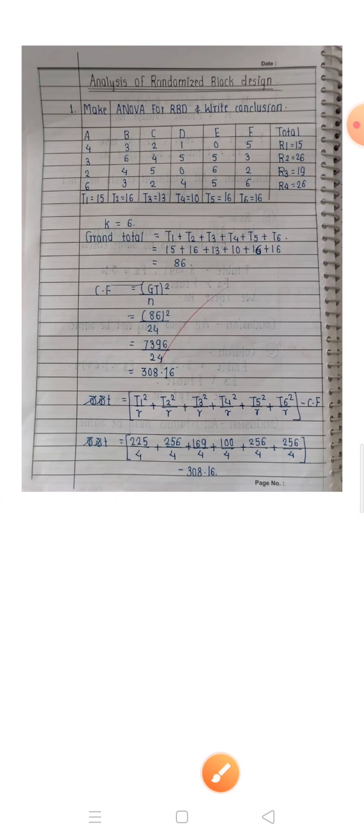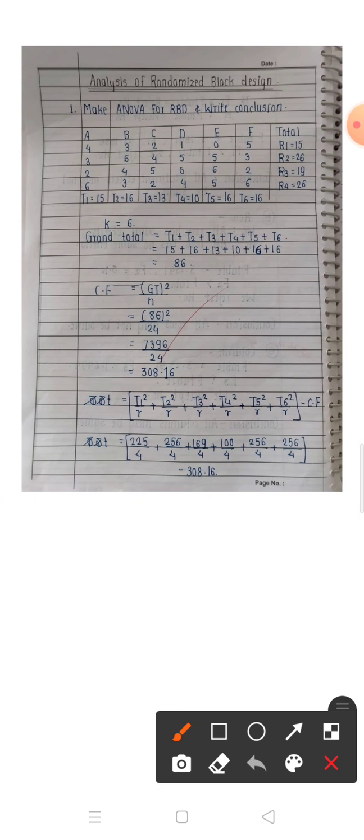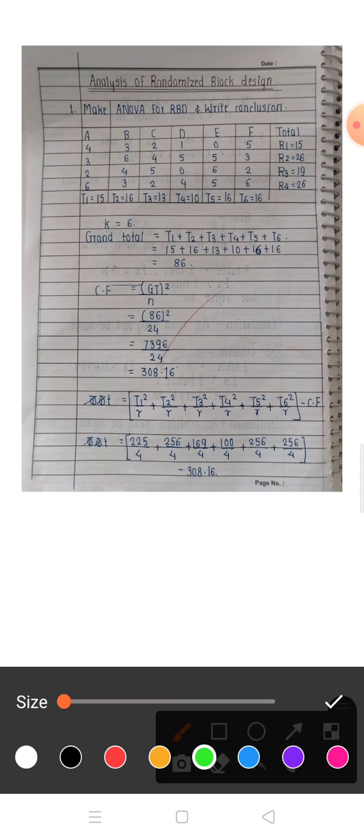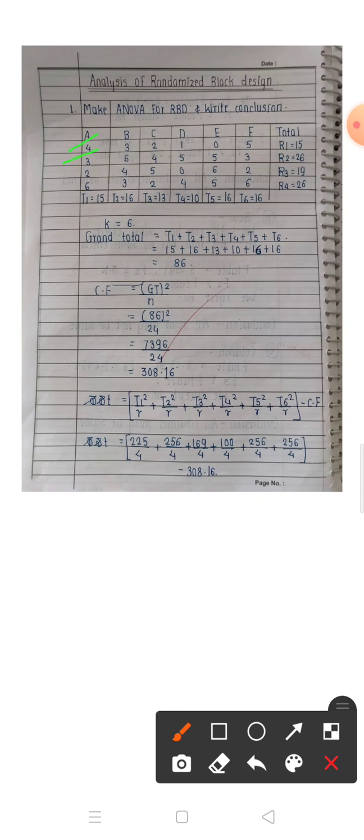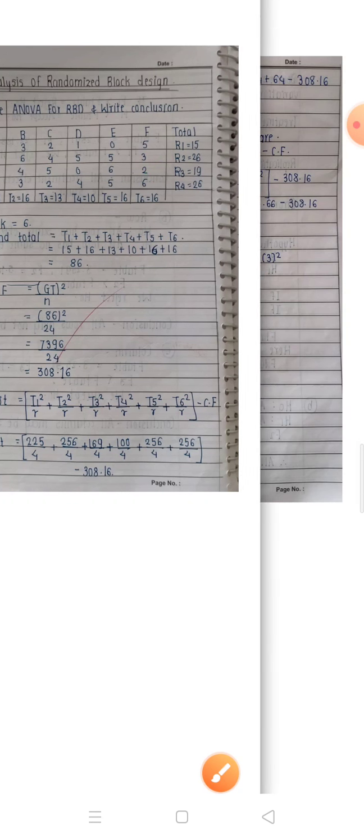Double summation Yij square means squaring each and every value from the given series of data. So 4 square plus 3 square plus 2 square plus 6 square up to 2 square plus 6 square. So the double summation Yij square value is 386, minus the correction factor value 308.16.